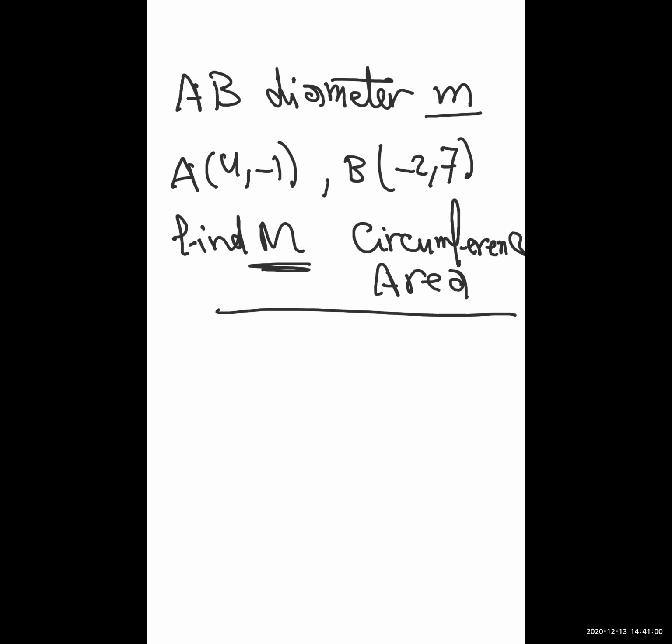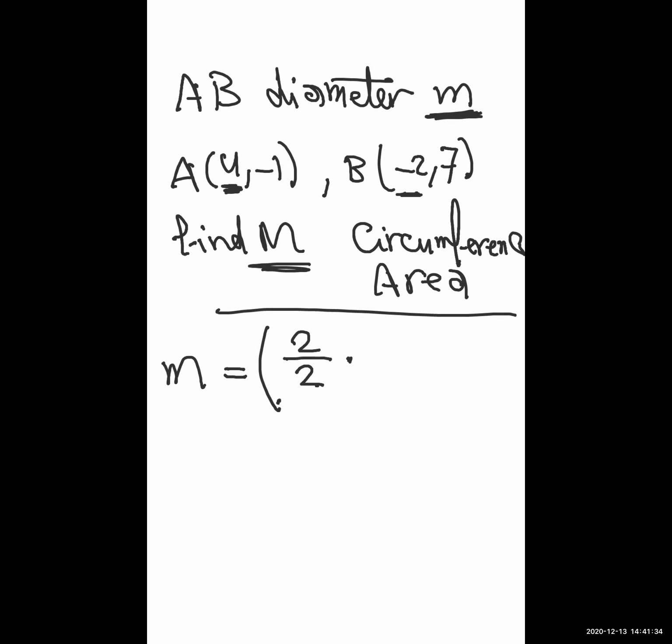Guys, now AB is the diameter of this circle, so M is the center point of the circle. This means M is the midpoint. So first I will get the point M. M will equal (x1 plus x2) over 2, which is 4 plus -2, which means 2 over 2.